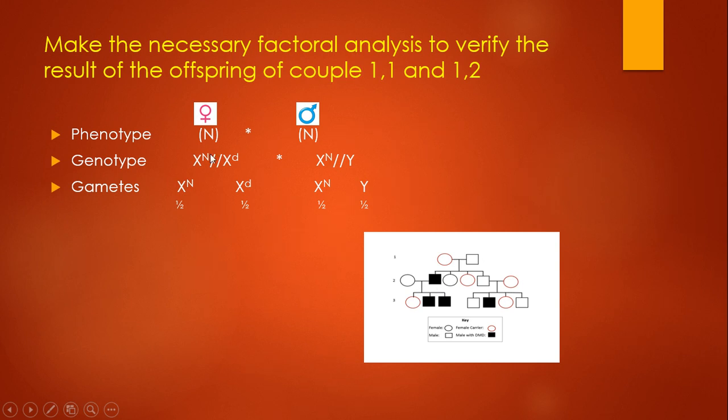This proves that they have the XN allele. Regarding the father, we have determined the localization of the gene to be gonosomal, carried by the X non-homologous to Y, which proves that his genotype is XNY, since he has only one X, and he's going to express whatever allele is carried by it.